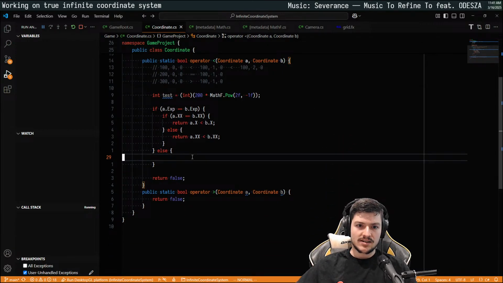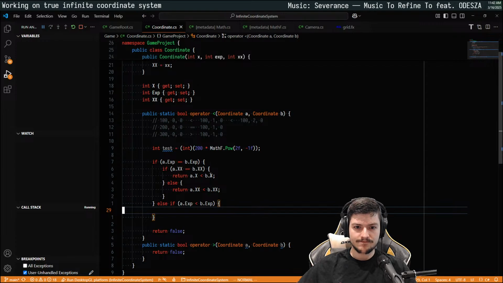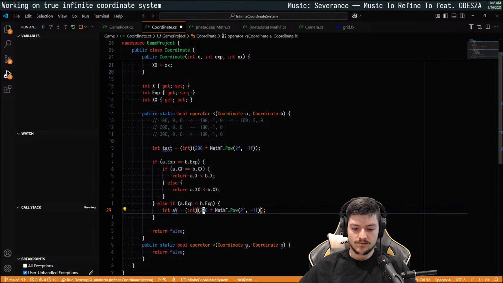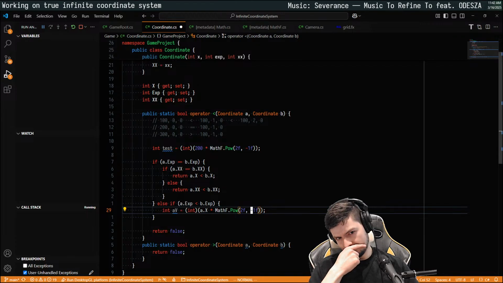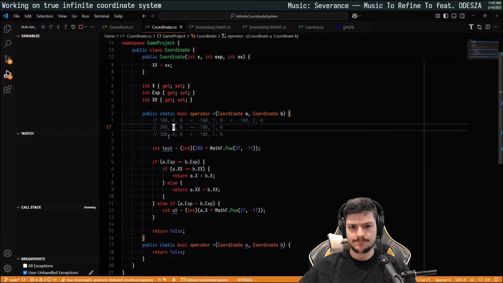Okay, this is the math. So else if a.x is smaller than b.xp, in order to get -1, it's the smaller minus the bigger one.